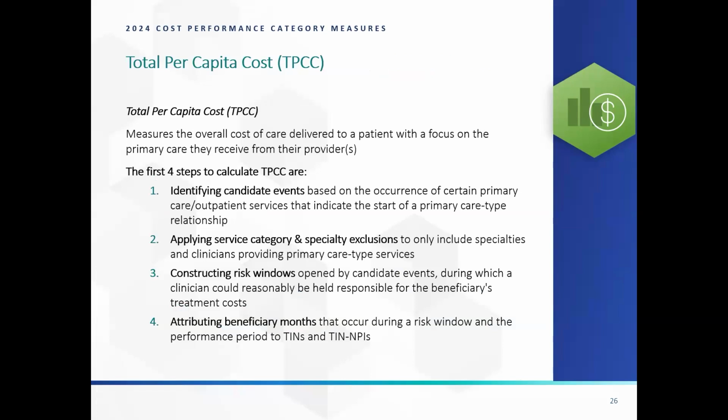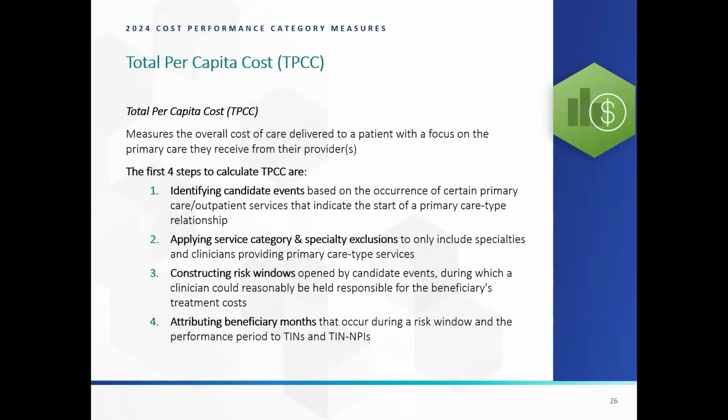Next, we have the total per capita cost measure, or the TPCC, which measures the overall cost of care delivered to a patient with a focus on the primary care received from their providers. The first 4 steps to calculate TPCC are, first, to identify candidate events based on the occurrence of certain primary care or outpatient services that indicate the start of a primary care type relationship.